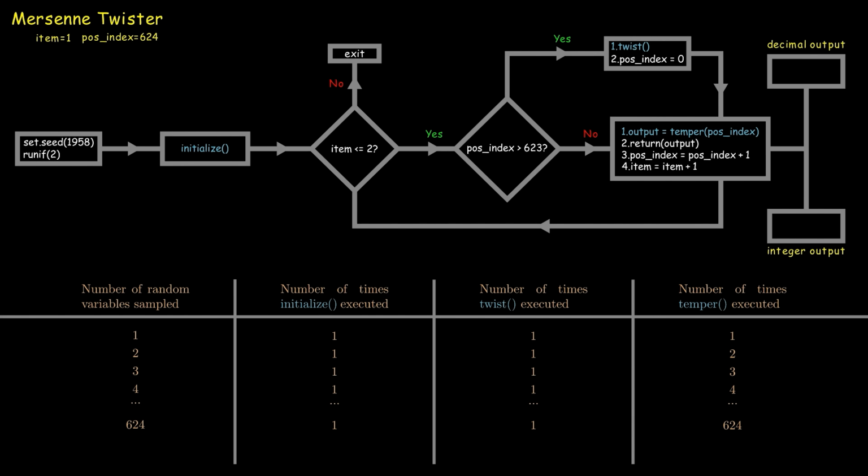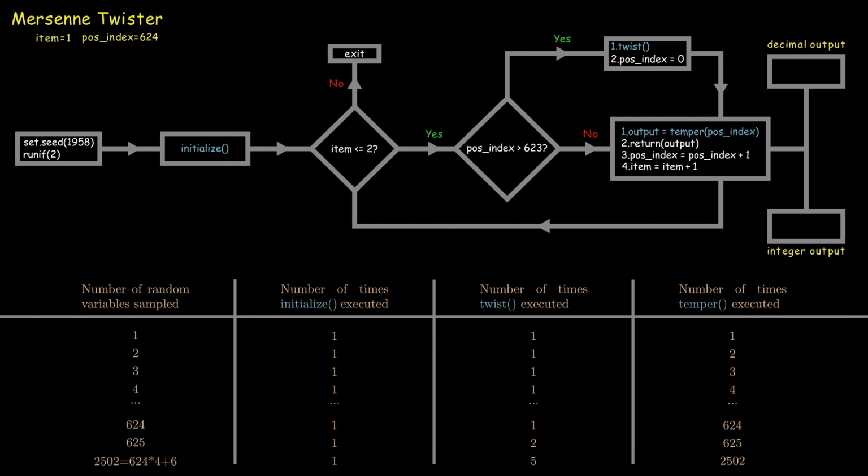Notice that POS index is initialized with a value of 624 so that we take that upper branch right away and execute the twist operation, after which POS index is reset to 0. As we travel down, we see that in the next block, POS index will be incremented to 1. And the next time around, POS index will take the value 2, then 3, then 4, and so on until it takes the value 624.